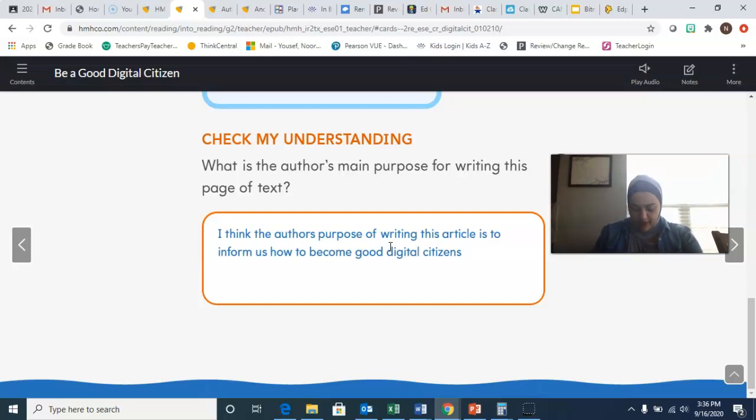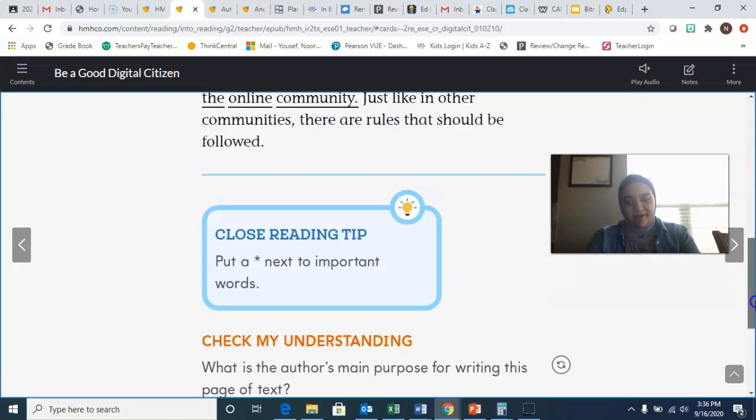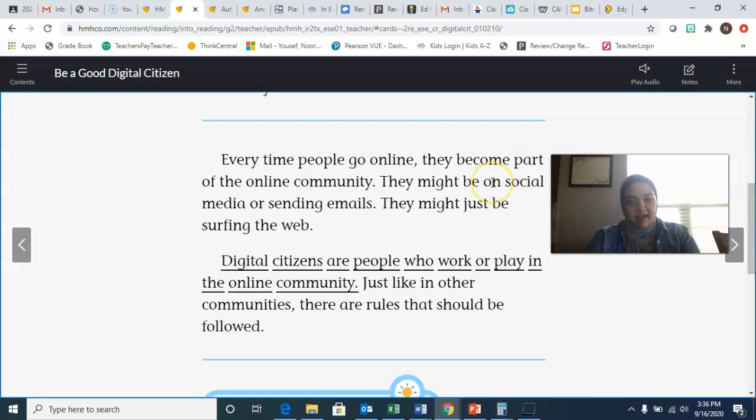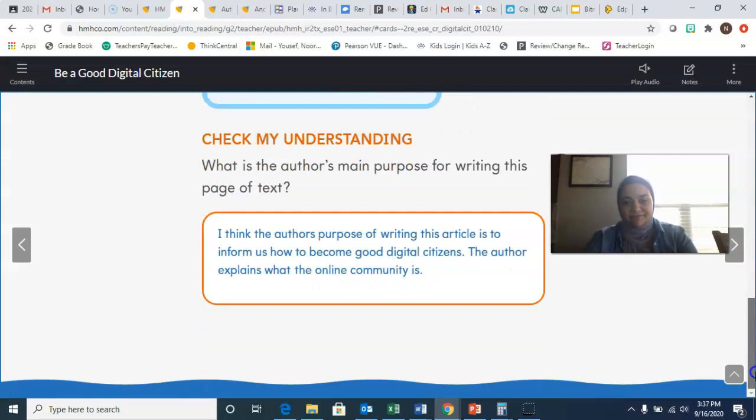The author explains, and also in the story, the author explains what the online community is. So the author tells us what the online community is. Remember, he says that the online community, they might be on social media, people that are on social media, sending emails or surfing the web. That's part of the online community.